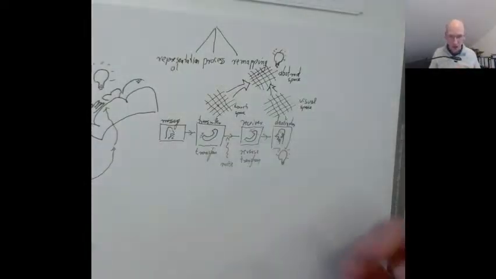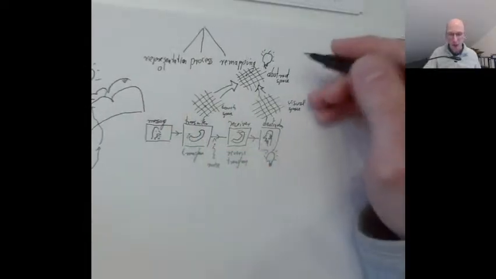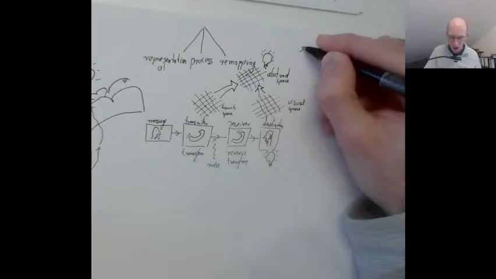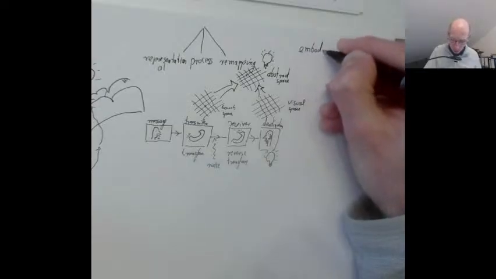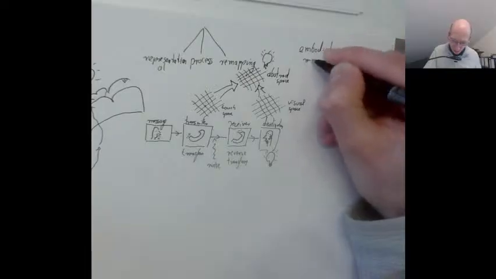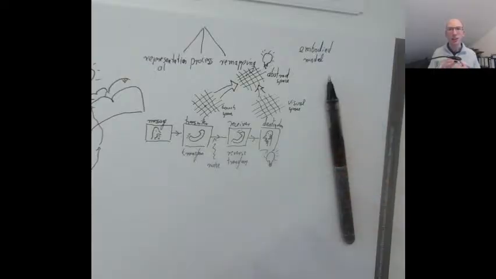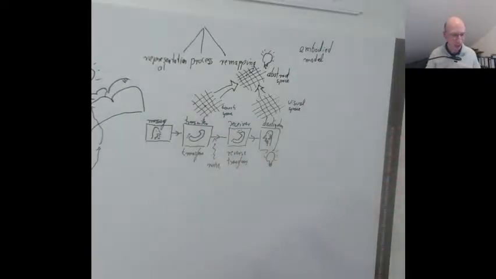Just for the sake of completeness, there was a fourth model that this paper mentioned, which I think was called the embodied model, and that said we have to take both the sensing part and the motor part together. Sorry if I interrupt myself, but this is live thinking, I'm thinking as I'm speaking.